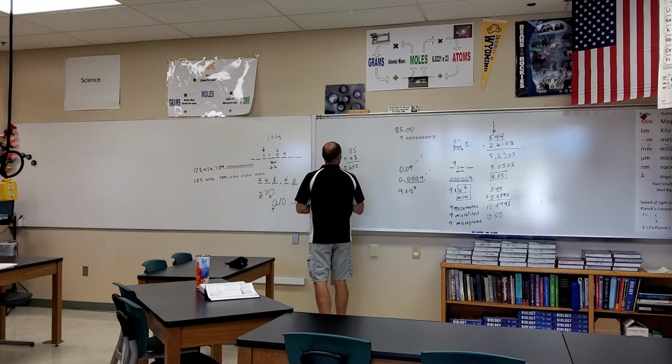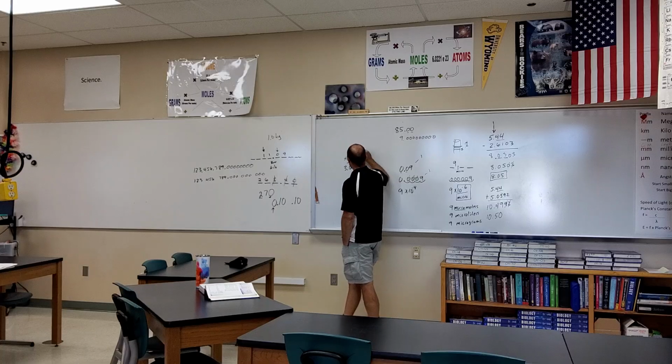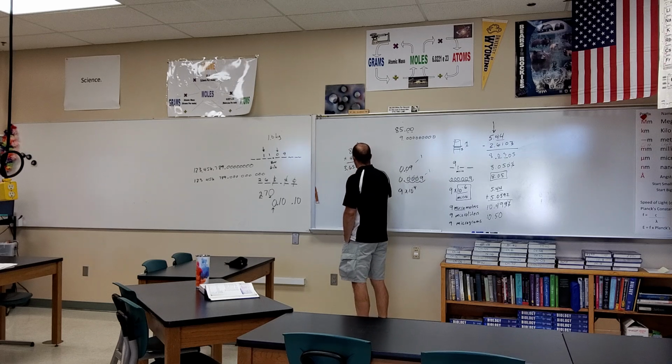Okay, so maybe this was 85 centimeters times 43 seconds. So this 85, how many significant digits? 43? 2, okay. So then our answer can only have how many significant digits? Two. That's weird.